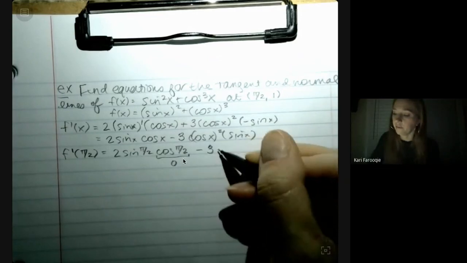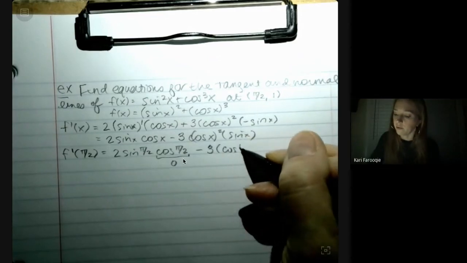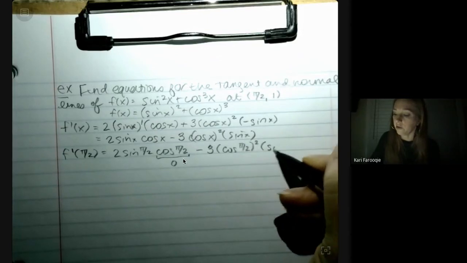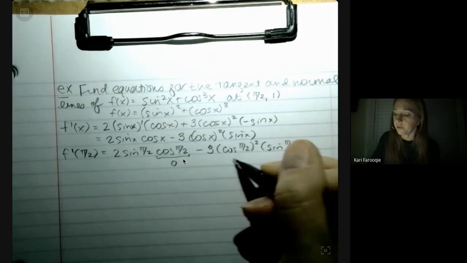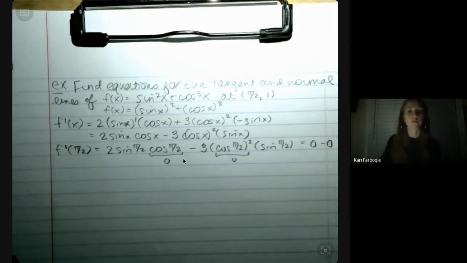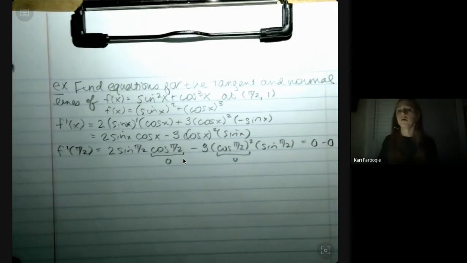Same thing here. Cosine pi over 2 is 0, square it, and you're still going to get 0. So you've got 0 minus 0, which is 0. That's your slope at pi over 2. Slope at pi over 2 is 0.